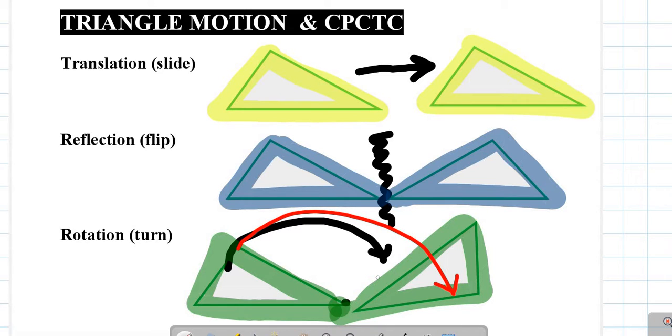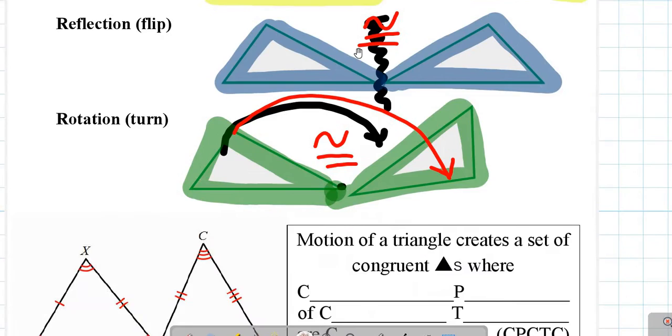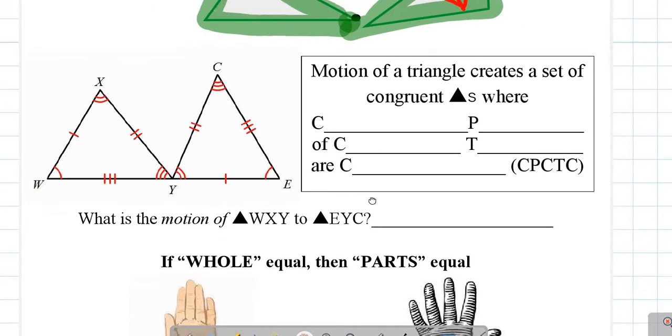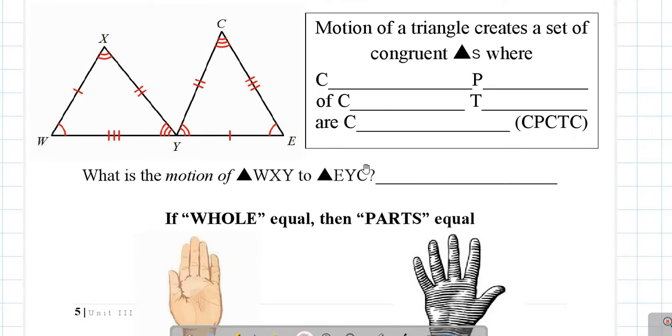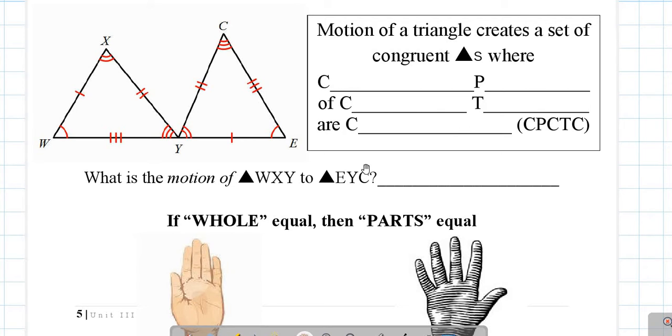What's important to understand is that all three of these motions create congruent triangles. The beginning and ending triangle are congruent because you're just moving the same triangle around. You're not changing the size. And when triangles are congruent, all their corresponding parts are congruent.